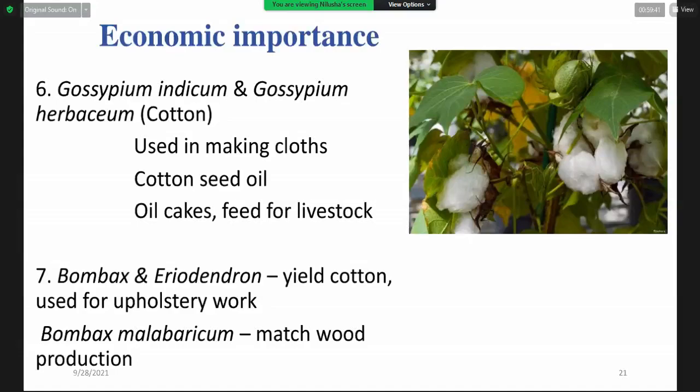So that is called upholstery work. For that work we use Bombax, Eriodendron, and also Bombax malabaricum, which is used for match wood production.